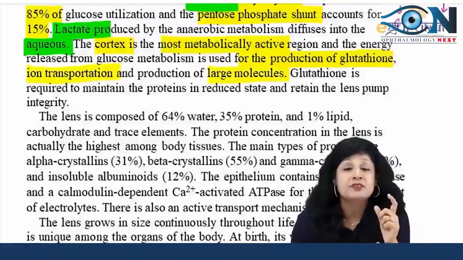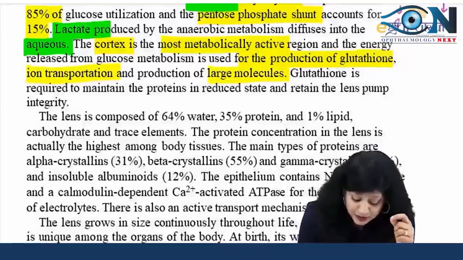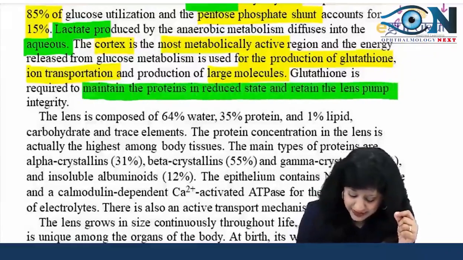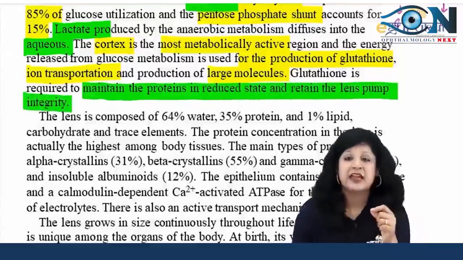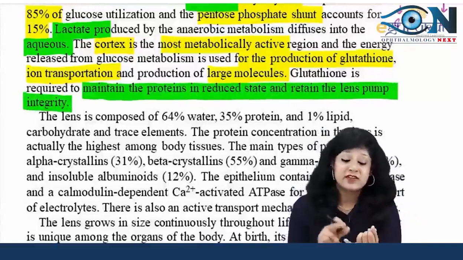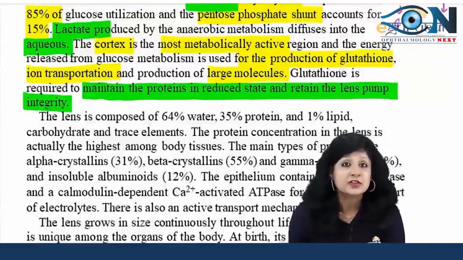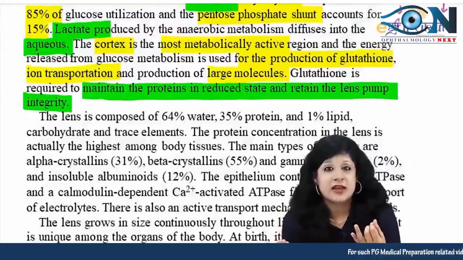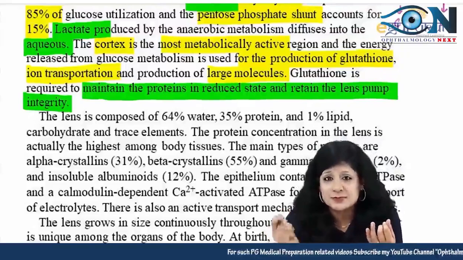Now what is the function of glutathione? Its function is to maintain the proteins in the reduced state and retain the lens pump integrity. This is pretty important, because glutathione is given in the balanced salt solution, the ideal solution. Glutathione is also a part of the antioxidative mechanism, so by far this is important.